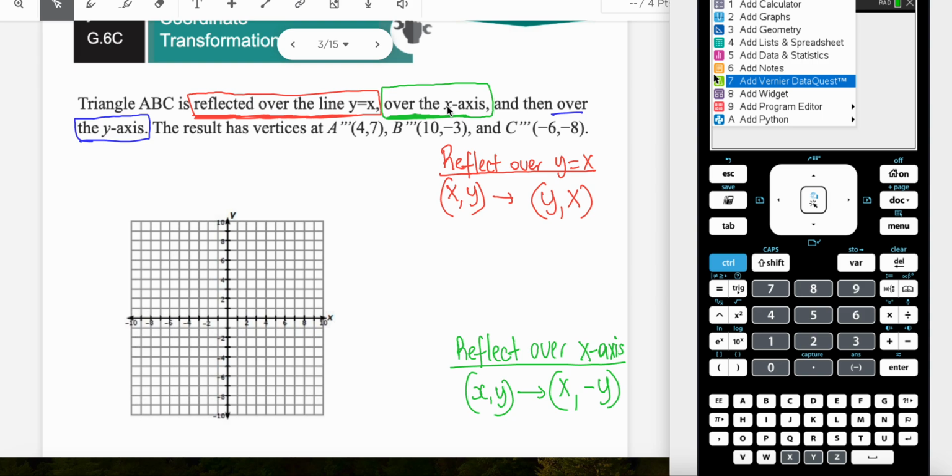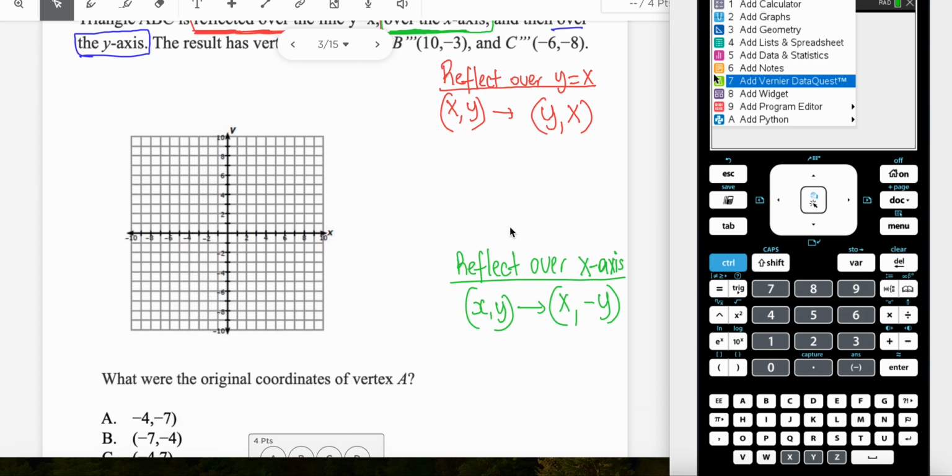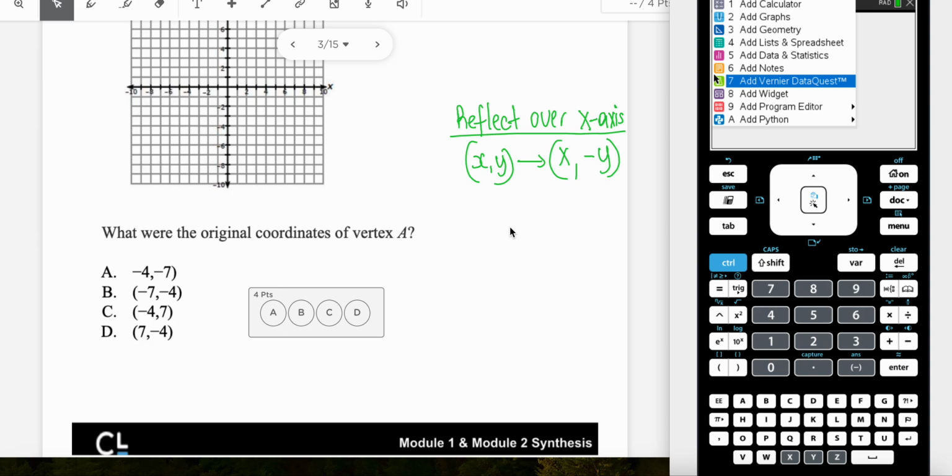And then when you reflect over the y-axis, you're going to have (x, y). The x is going to now become opposite, and the y coordinate remains the same.